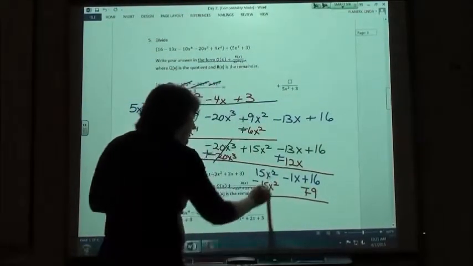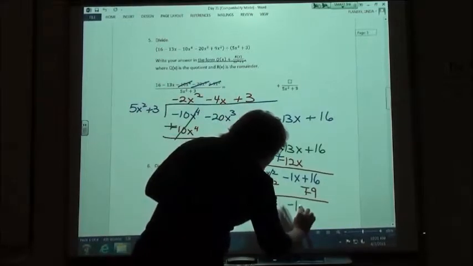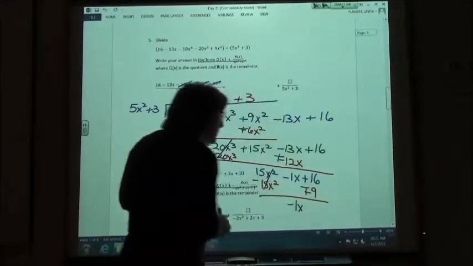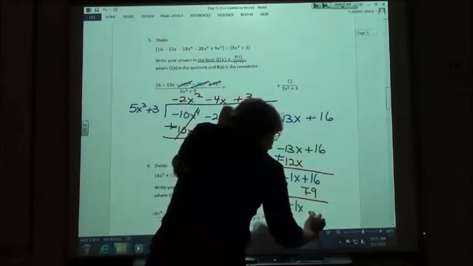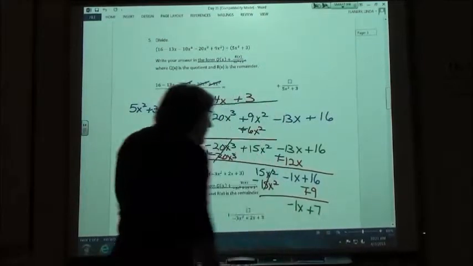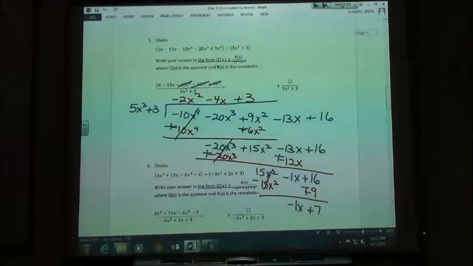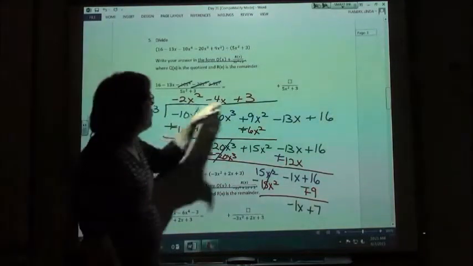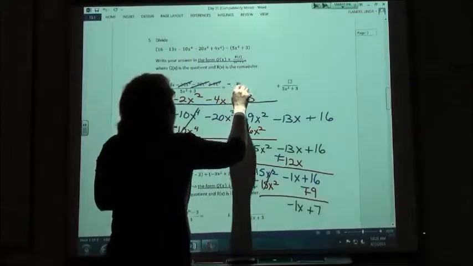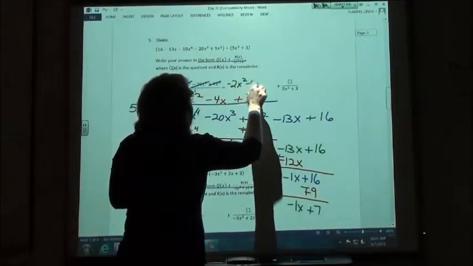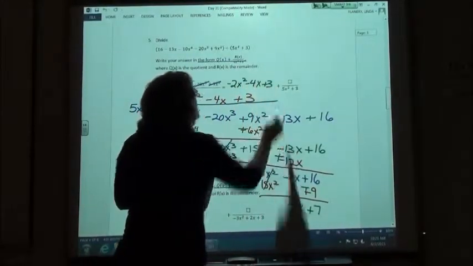Change our signs, so we're going to get negative 1x plus 7, right? 7. So our quotient is negative 2x squared minus 4x plus 3.